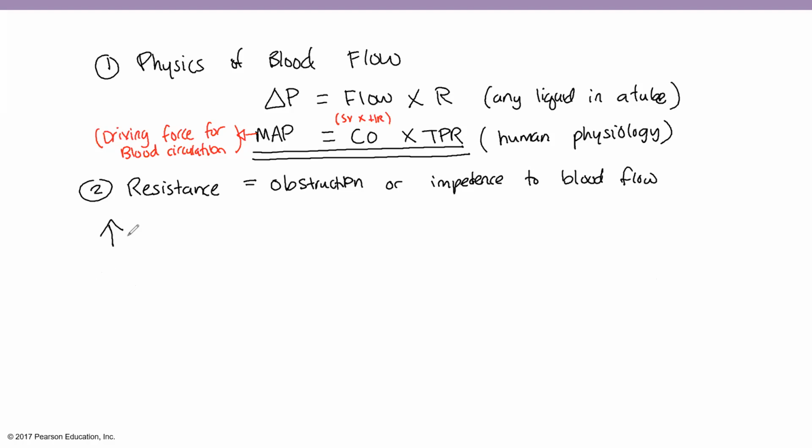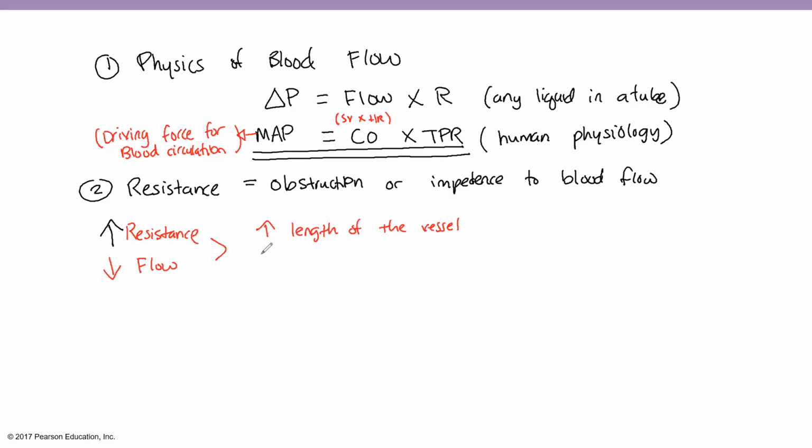So if we increase resistance, we also decrease flow. We talked about some factors that could have that effect. The first thing that would increase resistance or decrease flow is the length of the vessel. If we increase the length of the vessel, we increase resistance, we decrease flow.